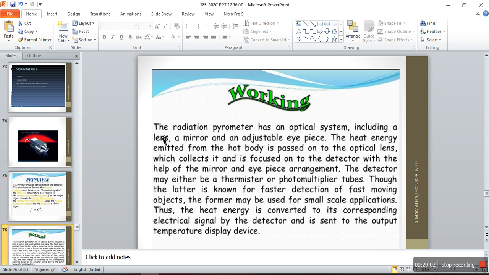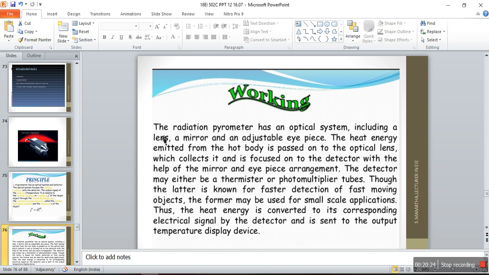It also consists of an optical system and a detecting system, but here we do not have a human eye to watch the filament. Whatever the hot body is, we get thermal radiation from it.